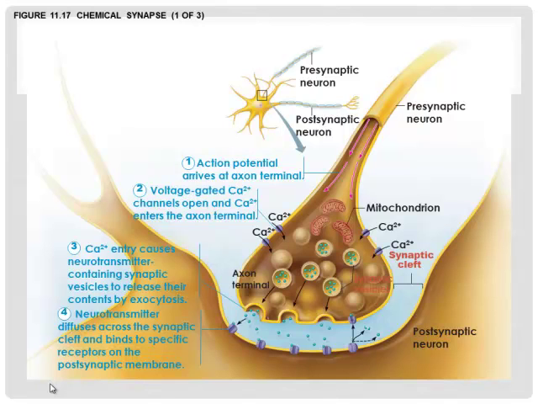Now, on the postsynaptic neuron, you're going to have receptors, and the neurotransmitters are going to be picked up by these receptors on the postsynaptic membranes.